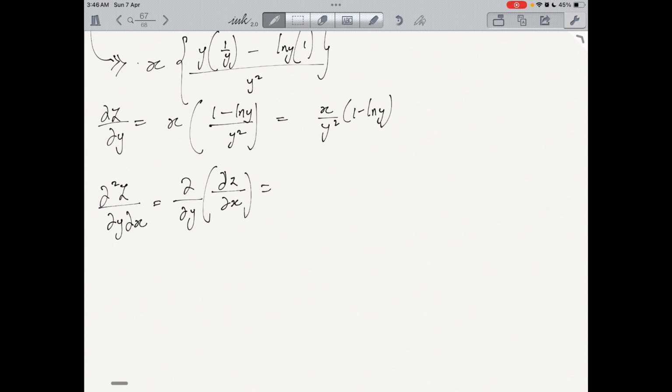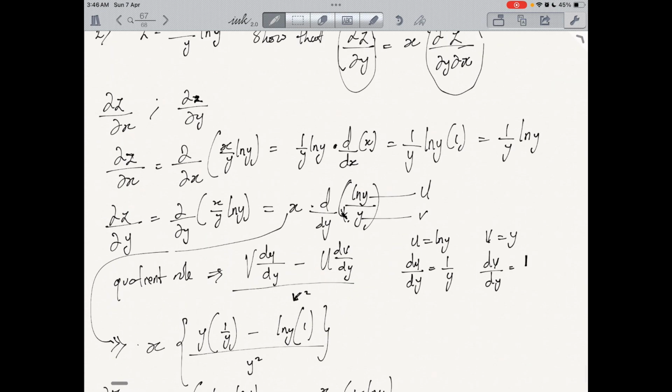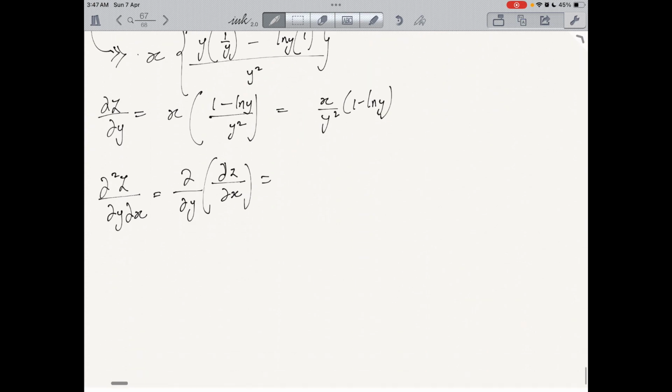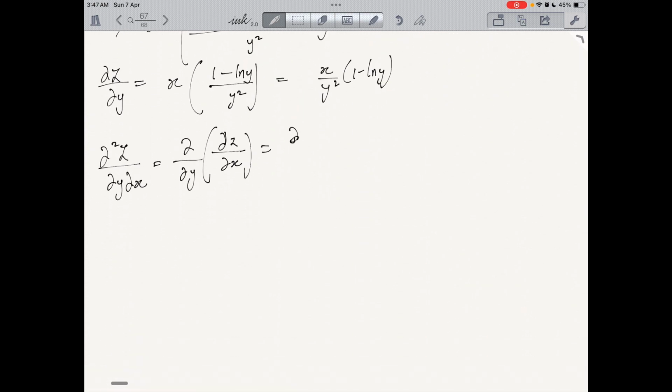Now let's go back and look for ∂z/∂x, which is here, and our answer is ln y over y. That is differentiating again ln y over y. Now this is also similar to applying the quotient rule because there is no other variable here, so that's the full differential of ln y divided by y.